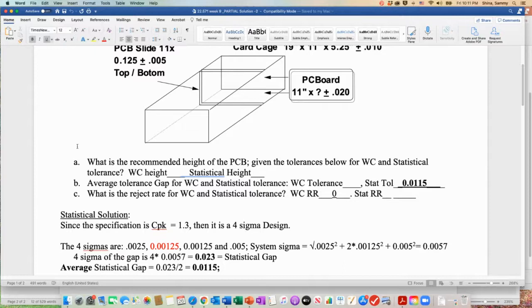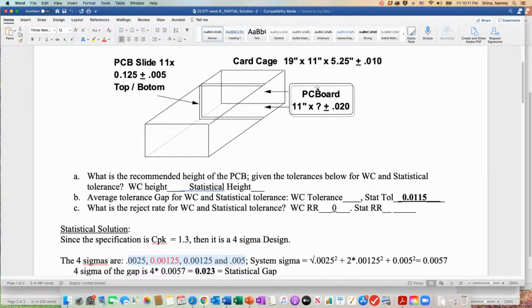Anyhow, so the first thing you're going to do is you're going to find out the 4 sigmas, and they're all given up on top. This is a 4 sigma design, so you're going to take the 0.1, 0.1 divided by 4, 0.025.